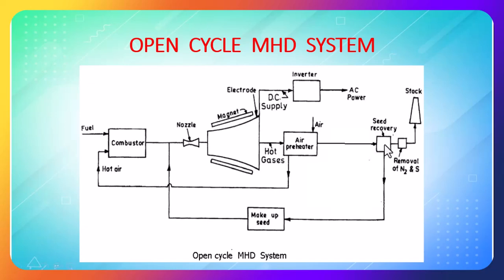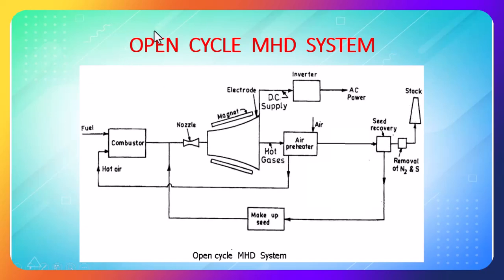Seed recovery is nothing but removing any particles harmful to the atmosphere, because the gas is not purely manufactured for our purpose; it is being used by some other process. During this process, not only heat, some gases might also be released. That gas should not be given directly to the atmosphere. You have to put a filter and absorb it. All this acts as a filter, then finally we leave it.